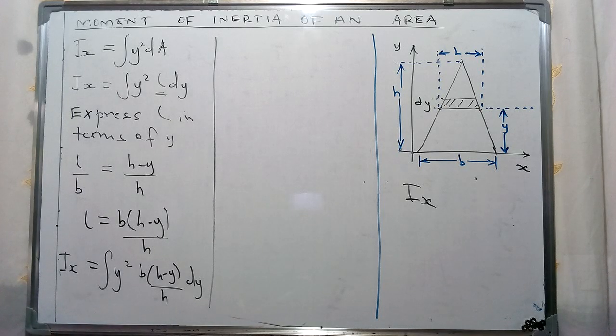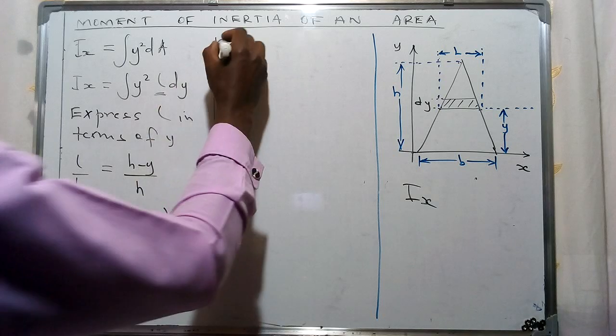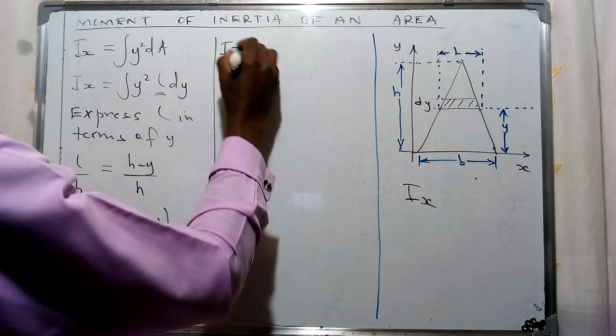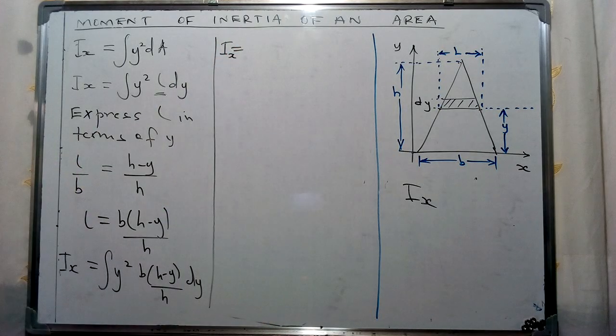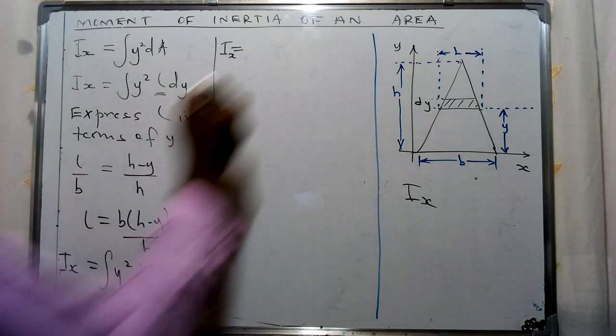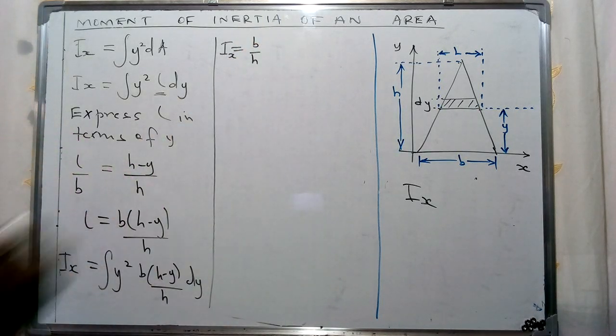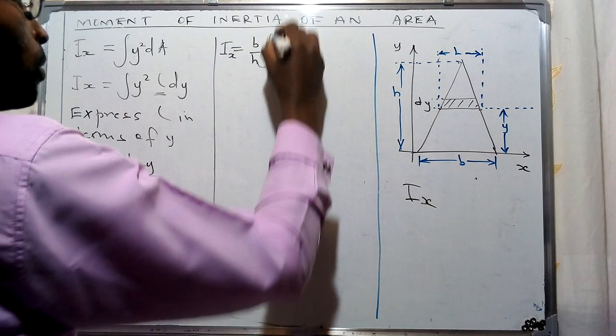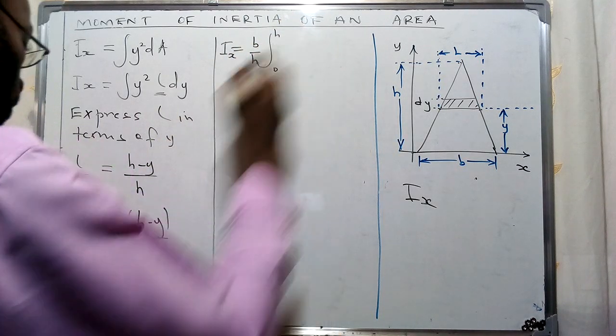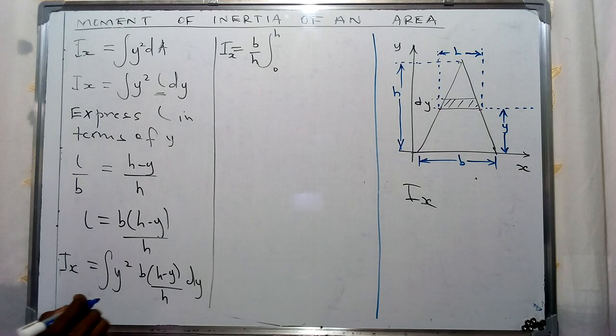So in this particular case, we're going to do our integration evaluation in order to find this specific representation of the moment of inertia about the x-axis. I'm going to take this constant, b over h, outside the integral sign, and we're going to do an evaluation from 0 to h of these specific elements we have found.